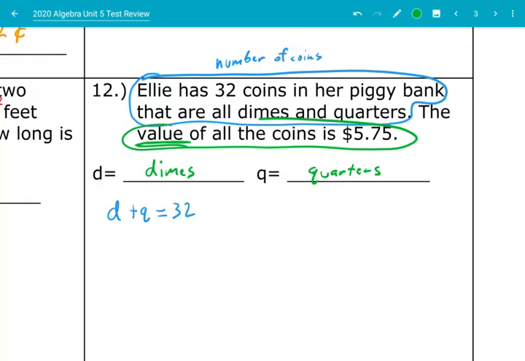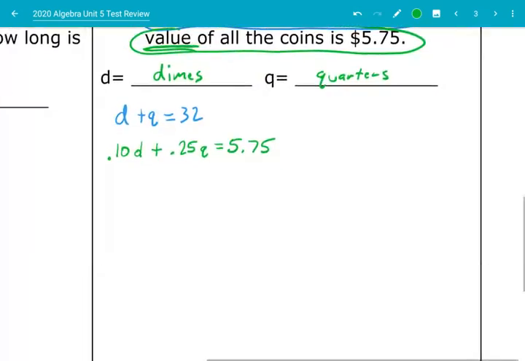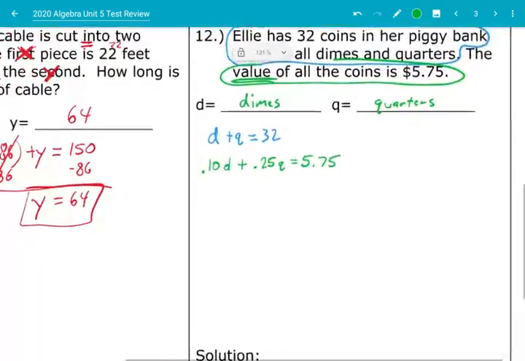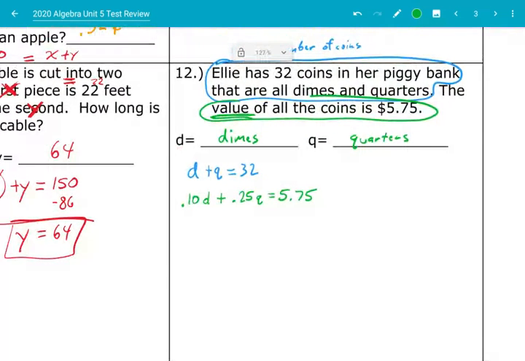And dimes are worth 0.10 dollars. And quarters are worth 0.25 dollars. And the value is $5.75. So we need to find out how many quarters she has. So let's at least solve for Q.